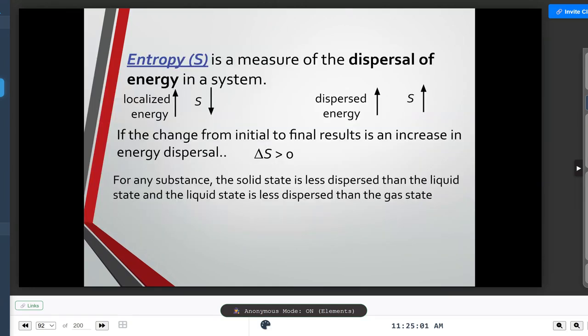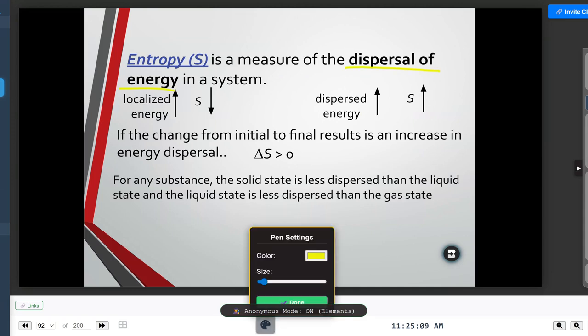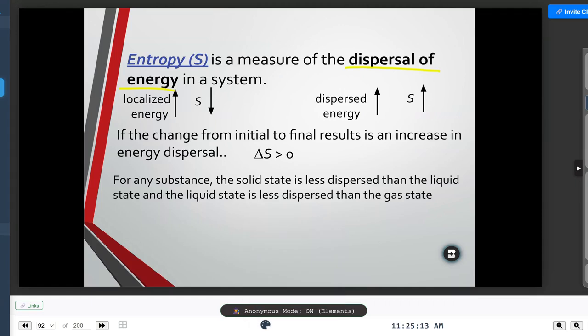Okay. So if I think about the entropy being the measure of dispersal of energy in a system, then I can make some conclusions here that if my localized energy increases, then my entropy must be decreasing. If my dispersed energy is increasing, then my entropy is going to be increasing. Notice that we're not using the same word here.